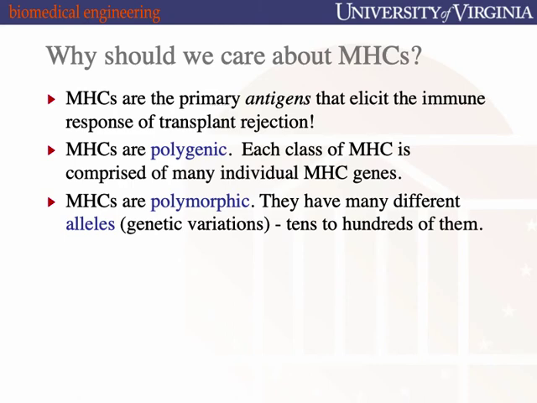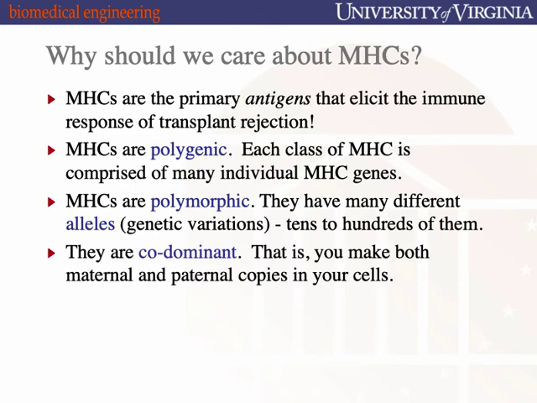And to make it even more complicated, they're co-dominant, which means that the ones that you get from your mom interact with the ones that you get from your dad, and they're both important, right? They work together. So it doesn't mean that your mom gives you one set and somehow your dad's are recessive. They're both dominant.